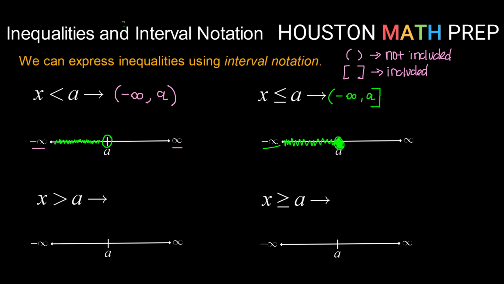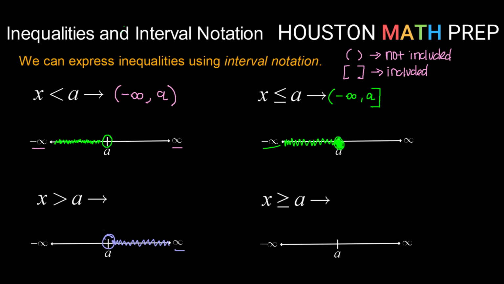Jumping now over to x is greater than a. When we shade greater than, we shade above or to the right. So open dot, since we have no equal to symbol. And now we're looking at infinity as our upper bound. When we write down our bounds, we need to go from left to right.